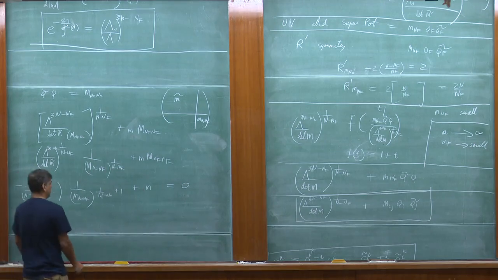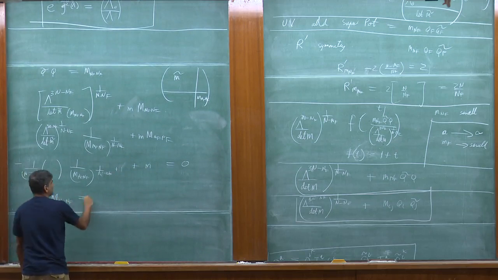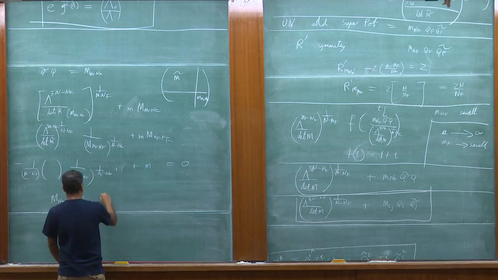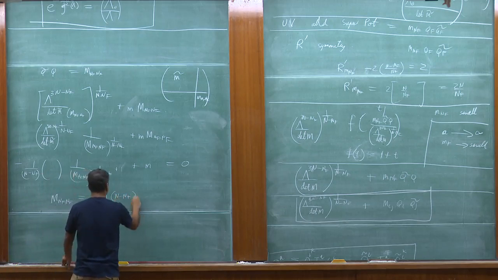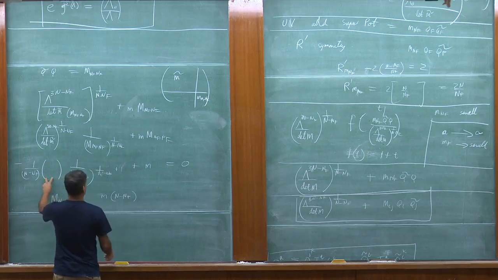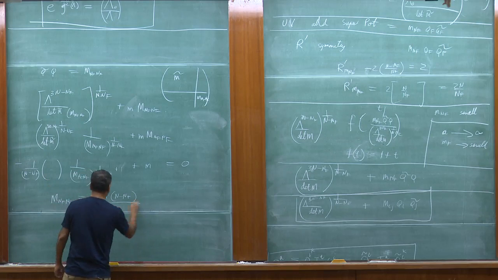Therefore, I get m nf nf is equal to m times n minus nf, divided by this business.